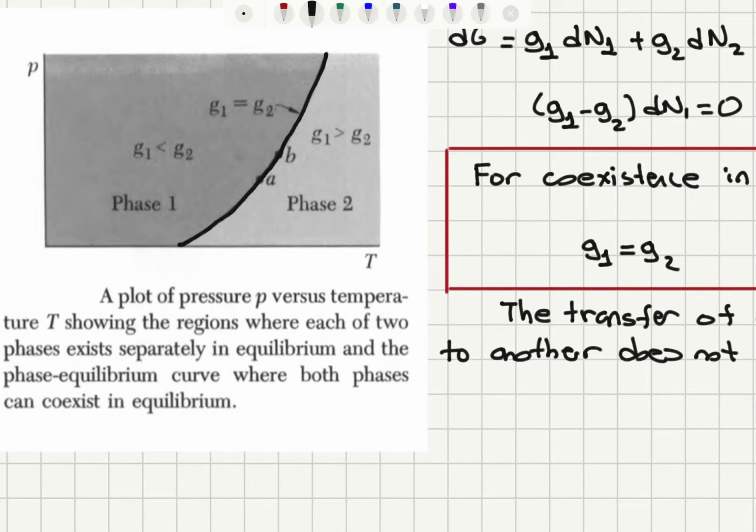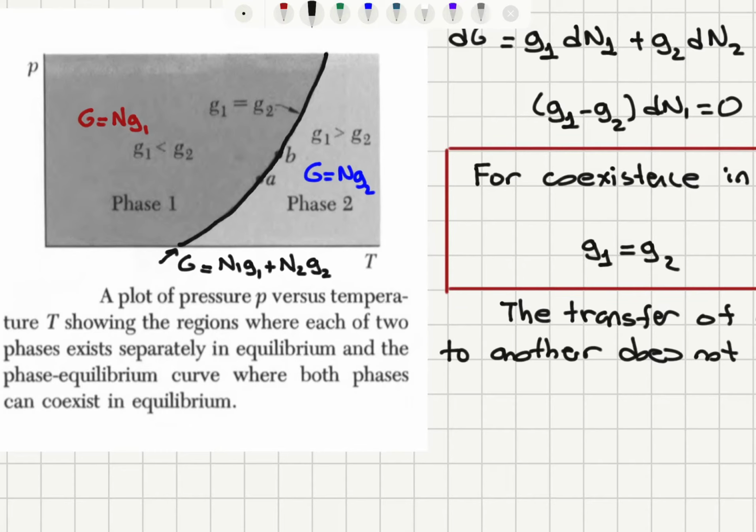So we can write here the total Gibbs free energy G will be equal to N times G1, and here it will be equal to N times G2, and on this curve the total Gibbs free energy will be equal to N1 G1 plus N2 G2.